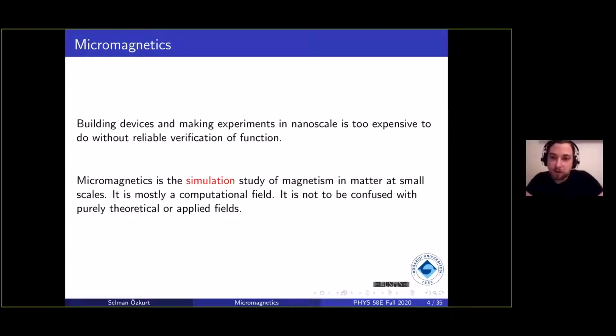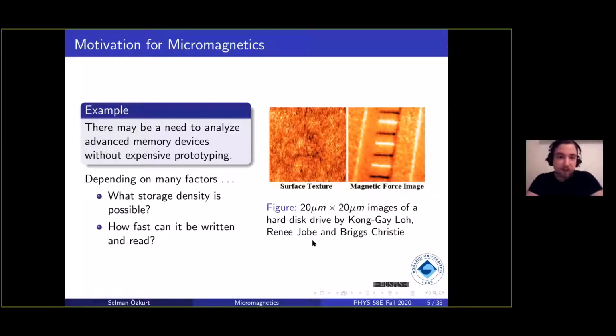And the primary reason for employing micromagnetics is, of course, to reduce the cost, because building such nano devices is extremely costly.